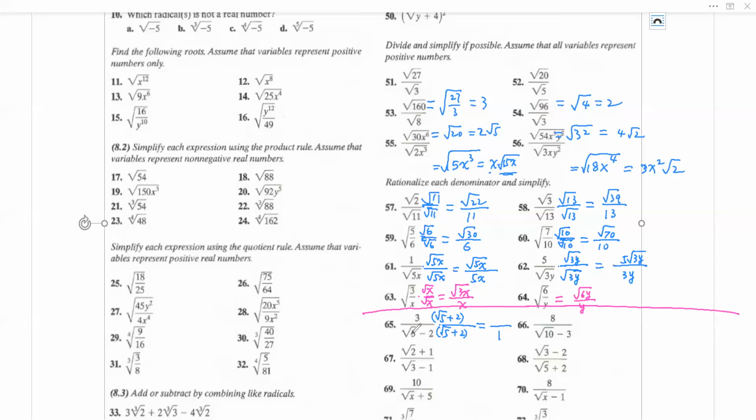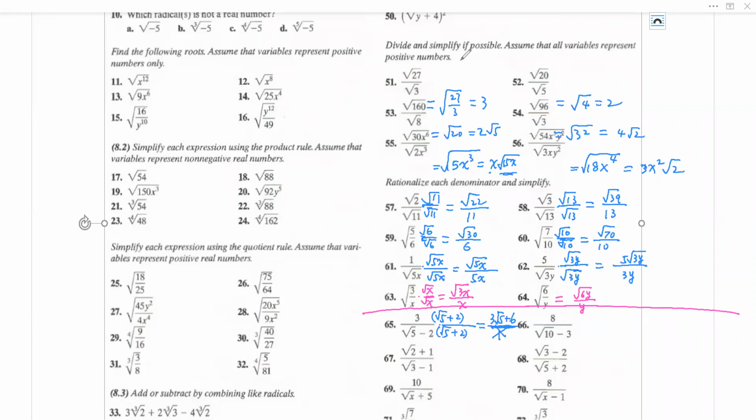The bottom became 1. The square root of 5 squared became 5, minus 2 squared, so it became 1. The top part became 3 square root 5 plus 6. So you don't need this part, you just write this part directly. All right.